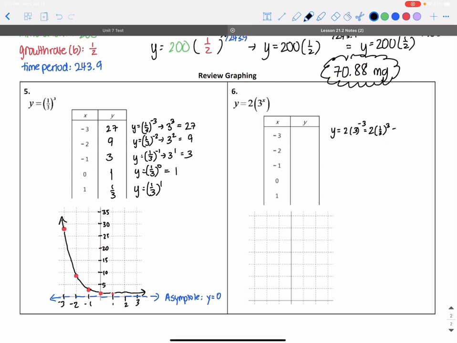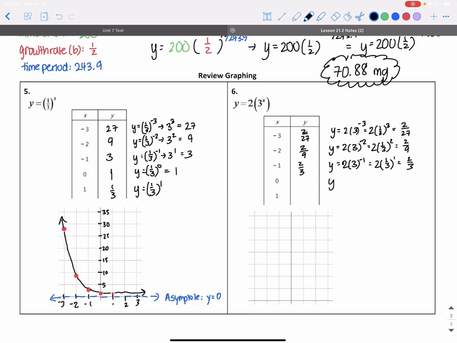And that is 2 over 27. -2, if I plug that in, is 2 times 1/3 to the +2, which is 1 over 9 times 2, which is 2 over 9. -1, I'll have 2 times 3 to the -1st power, which is 2 times 1/3 to the positive 1st power, so this is 2/3.